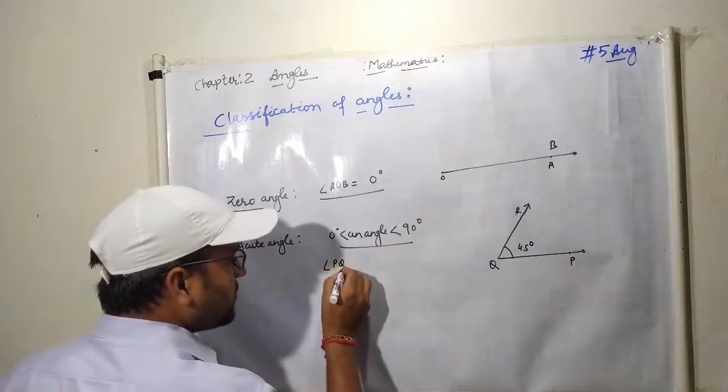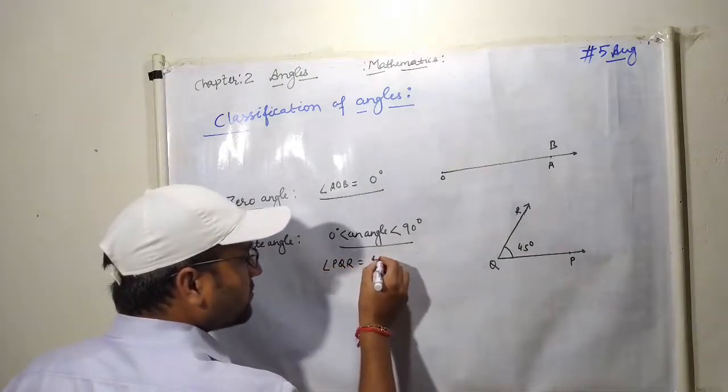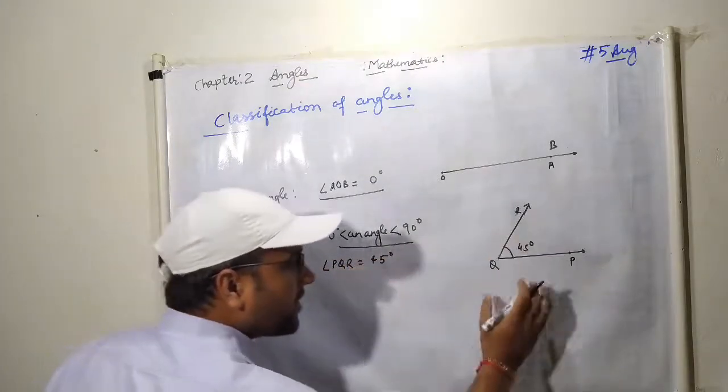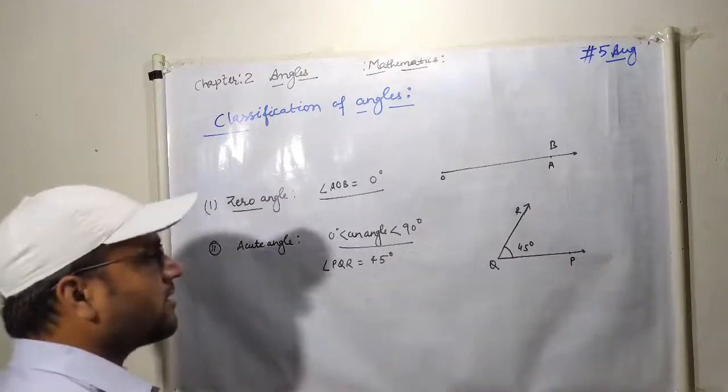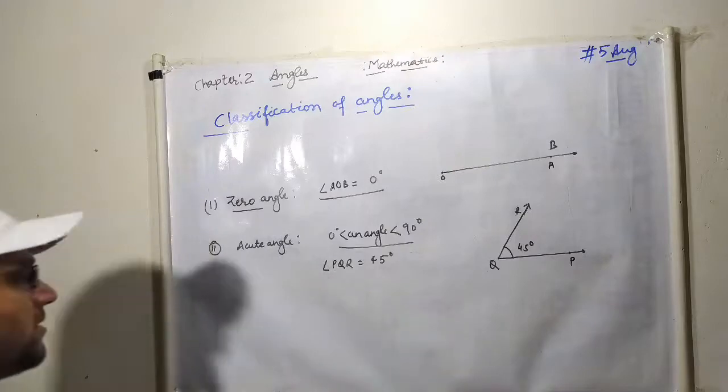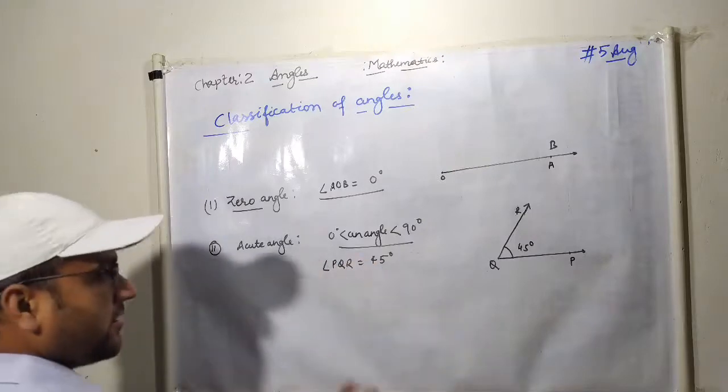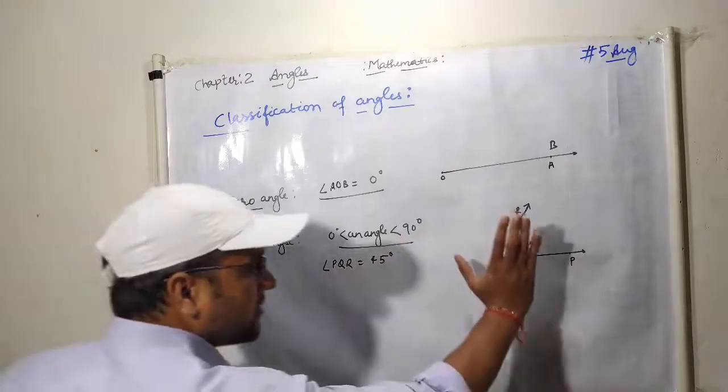Angle PQR is equal to, I have given this 45. You can make it with the help of a protractor, and you can also use a compass and make this 45 degrees. This is only a symbol.